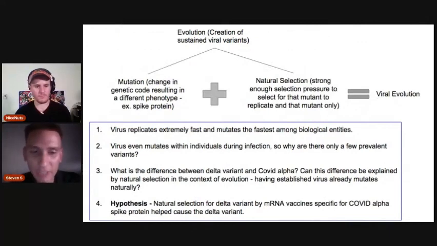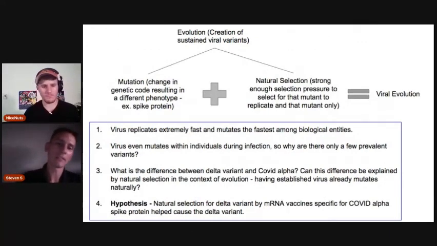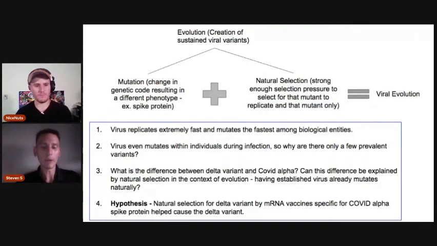So just to summarize, my hypothesis is that by pumping people with a vaccine specific for the original COVID spike protein, that nail on the outside of the basketball, it's putting natural selection pressure, as part of the viral evolution described up here, that will then help select for the Delta variant.